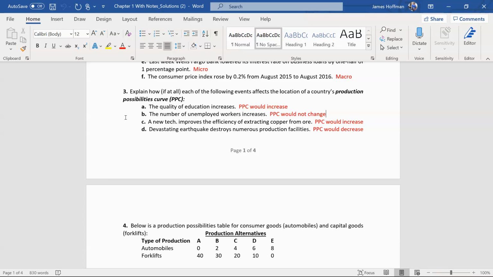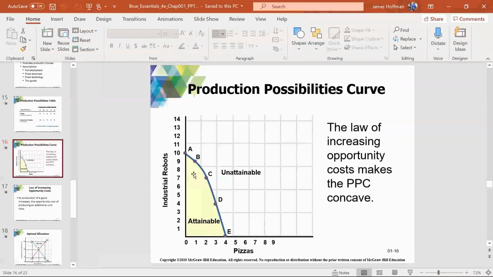No, because, so let me go back so you can explain it both ways. If you go back to the curve, here's the possibility curve. To be on the curve, you have to use all your resources efficiently, which means labor is one of them. So you can only get to the curve if there's no unemployment. If there's any unemployment, you're inside the curve.